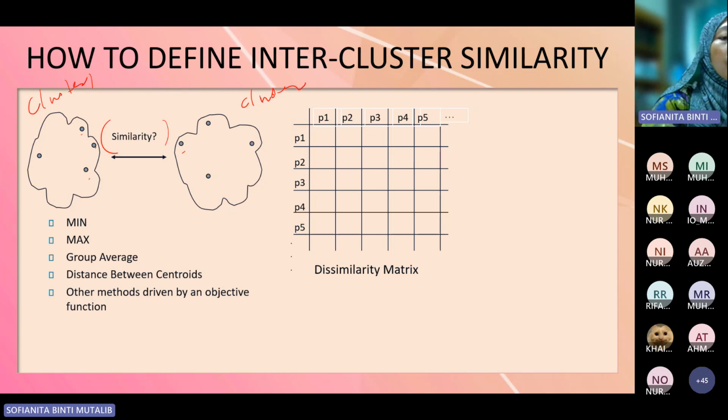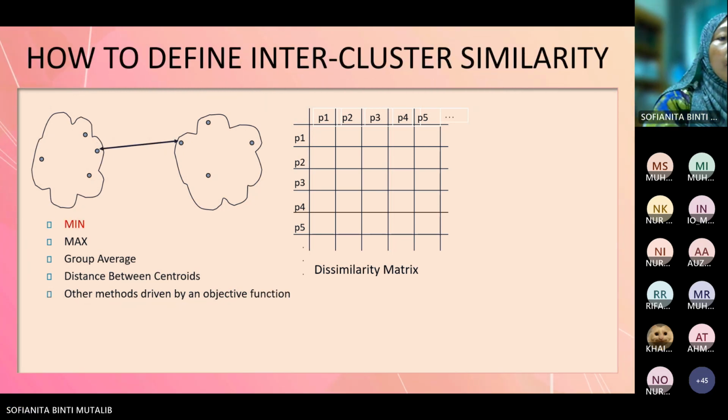So what are the functions? First is the minimum function. What is the minimum function? It means you extract the distance of the cluster based on the closest objects between these two clusters. As you see, this is cluster 1, this is cluster 2.